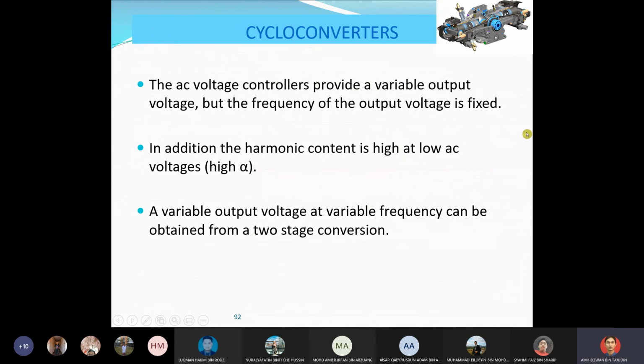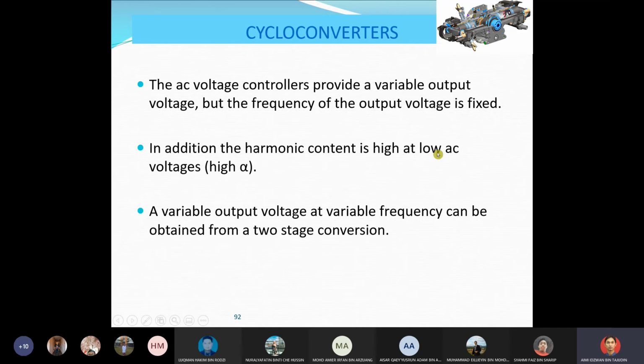Okay, so this is also AC, but another concept which we may name differently. We call it a cycloconverter. Okay, so the AC voltage controller provides a variable output voltage, but the frequency of the output voltage is fixed. In addition, the harmonic content is high at low AC voltage, high alpha, so it will have high harmonics.